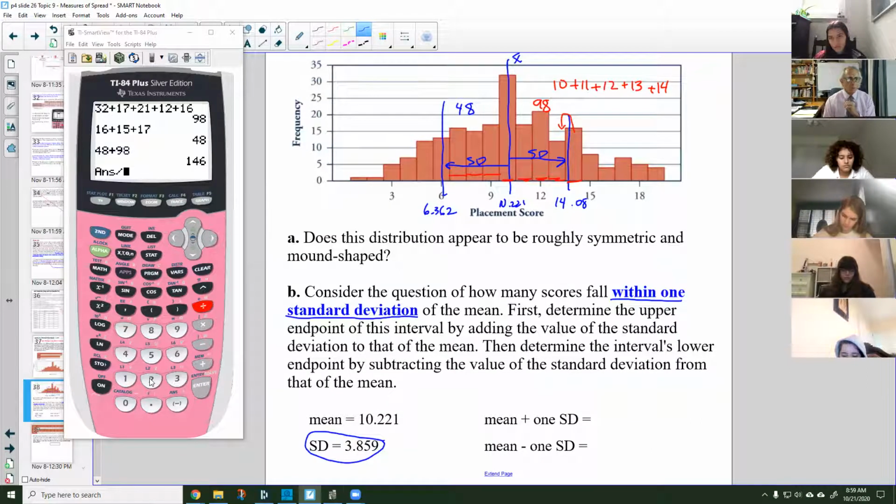Divided by 213, and I get 0.685. So 0.685 fell within 1 standard deviation of the mean.